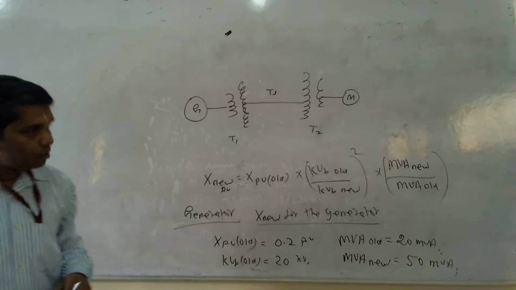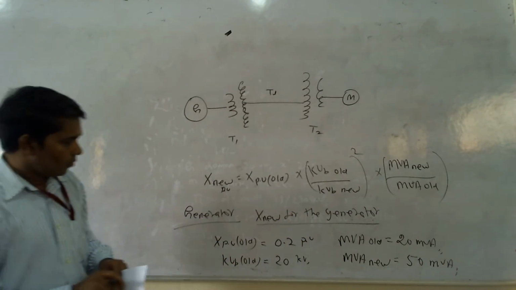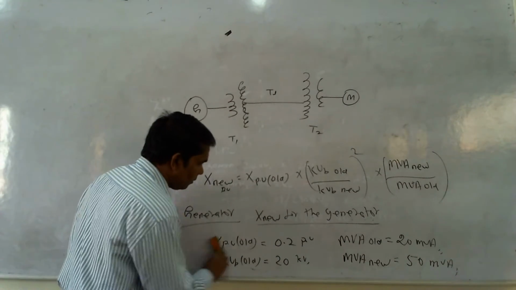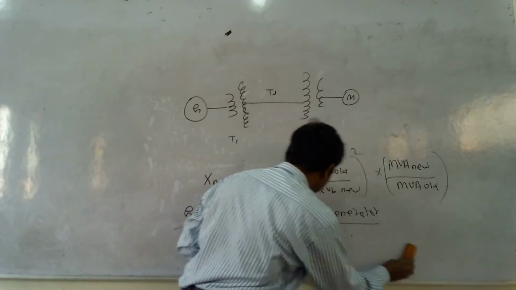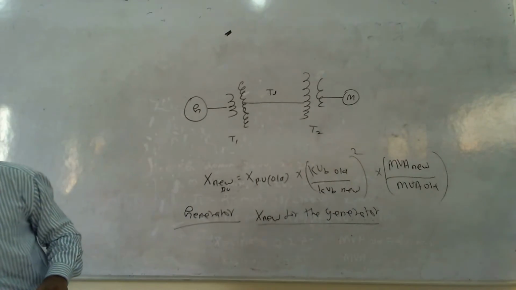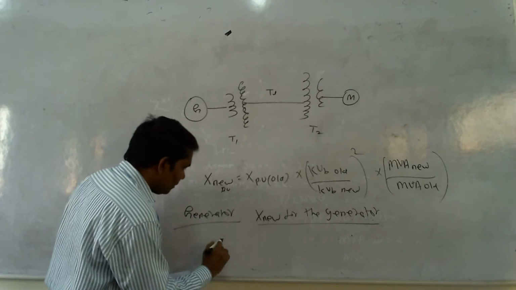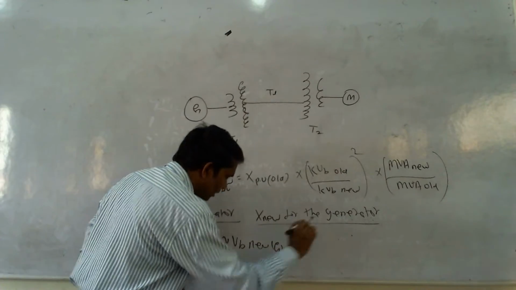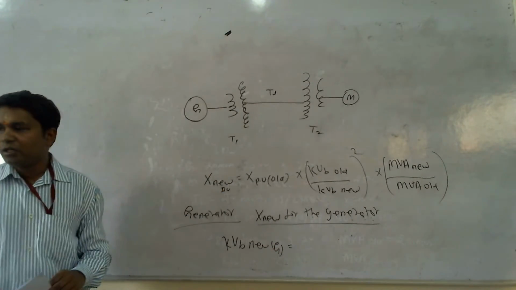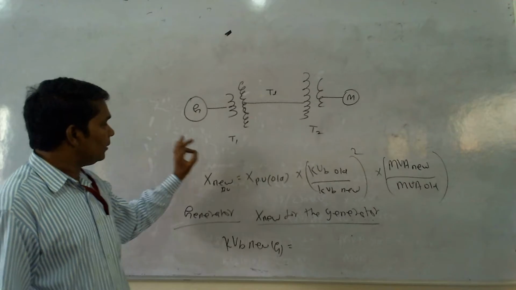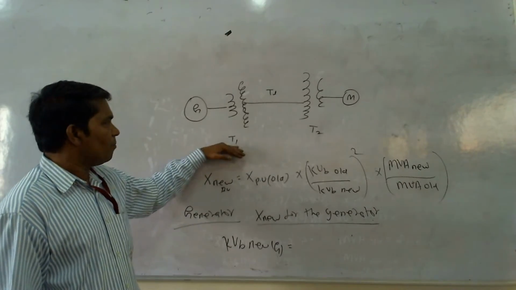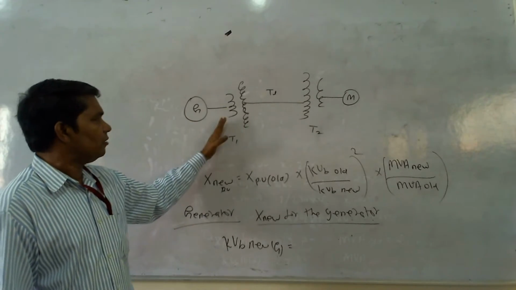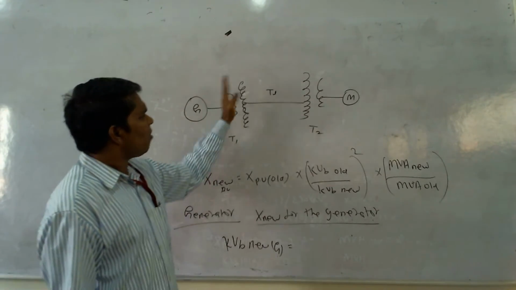Let us note the values here. Let us erase these values. Then we determine the kilovolt base new for the generator. How do we calculate this one? This needs to be calculated by considering the transformer primary side, right? The primary side, because the generator is connected on the primary side. Now the base value is given on the secondary side.